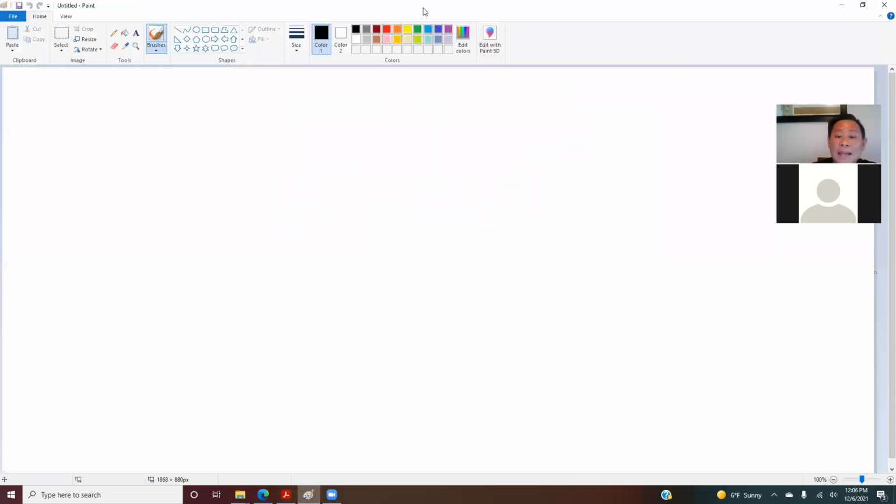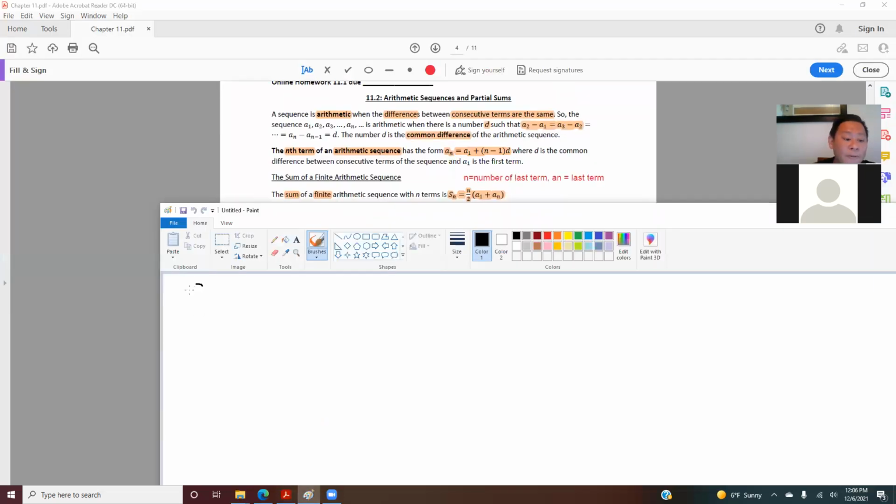So that means the sum of a finite number of terms for an arithmetic sequence is Sn equals n over 2 times a1 plus an, first term plus last term.